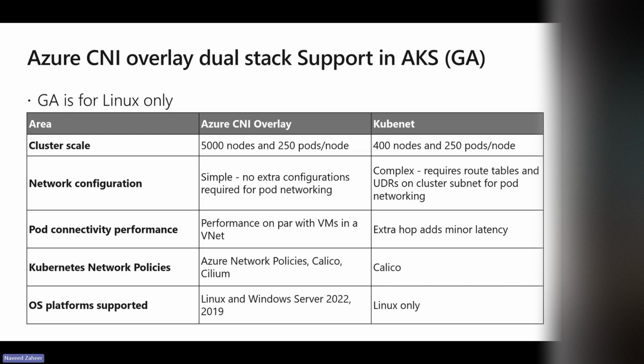So this is CNI overlay, and that now has both. It has dual stack support, so you have IPv6 and IPv4 that is now GA. Just keep in mind, for Linux only.